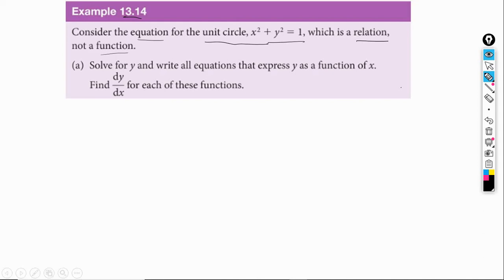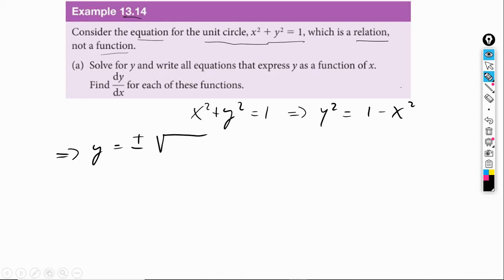Okay, so if we have that x squared plus y squared equals 1, we can rewrite this as y squared equals 1 minus x squared, and therefore y will equal plus or minus the square root of 1 minus x squared.